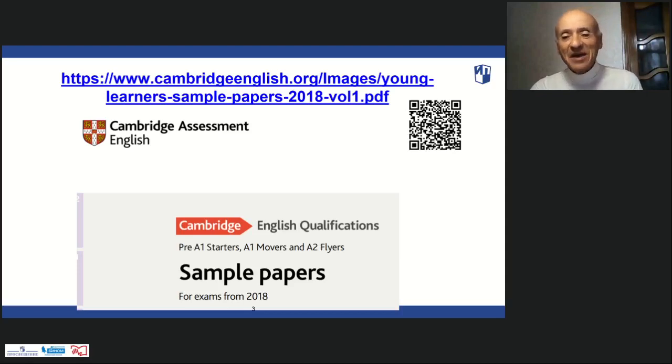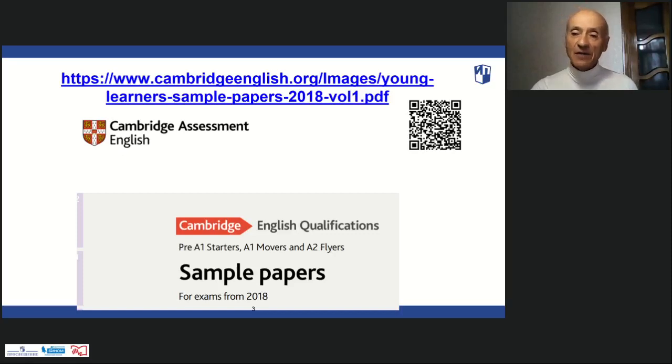And here, using this link, you can easily access free Cambridge sample papers that will give you a better idea of what the exam is about for pre-A1 starters, A1 movers, and A2 flyers.